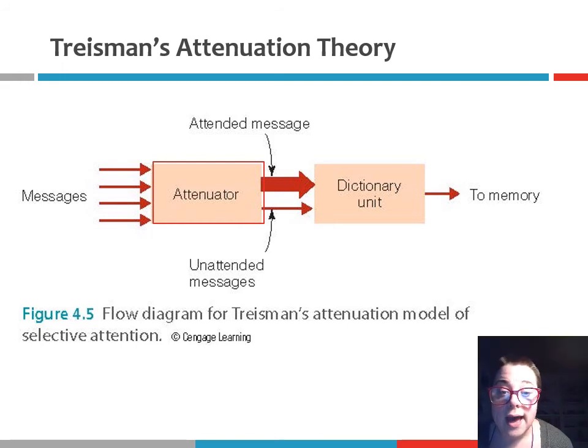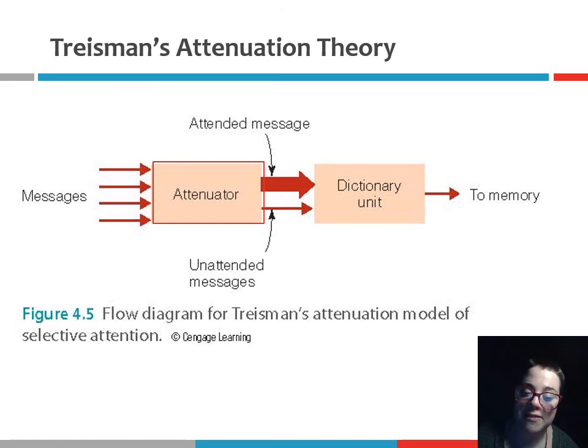But what happens during this phase is the attended message passes through at full strength. By strength, I basically mean how loud the message is, or how flashy the message is, how easily the message can be detected by our attentional system.